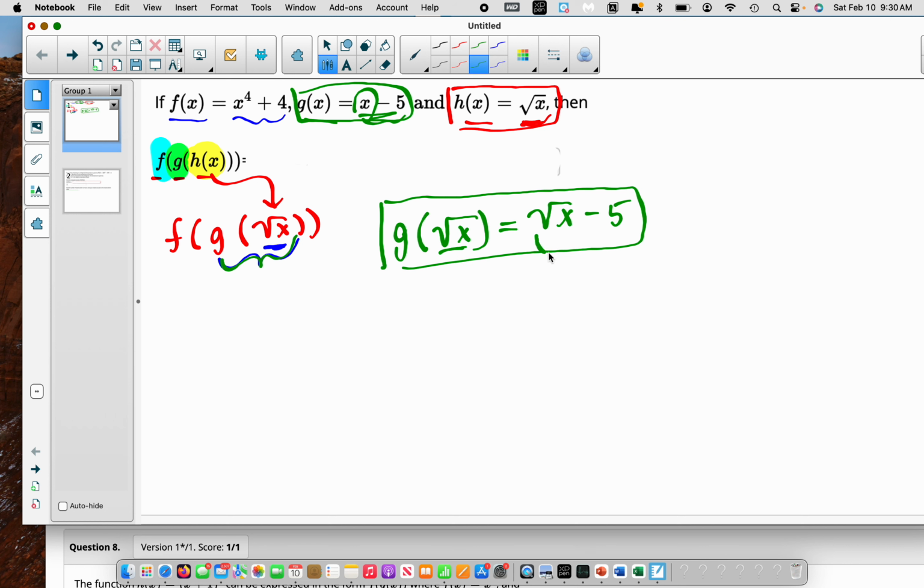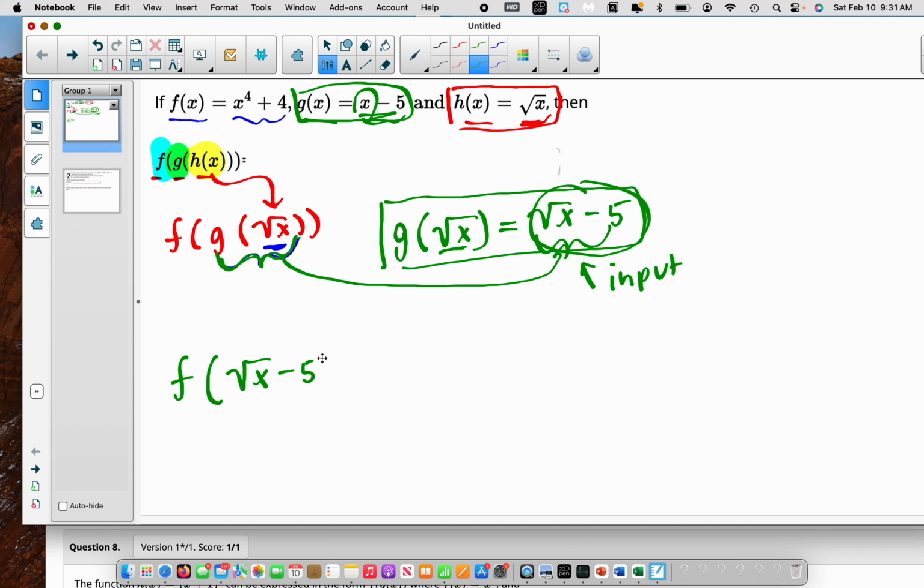All right, so this becomes my input to my f function, right? I just said g of square root of x is equal to this. So now I want to evaluate f of this, square root of x minus 5.